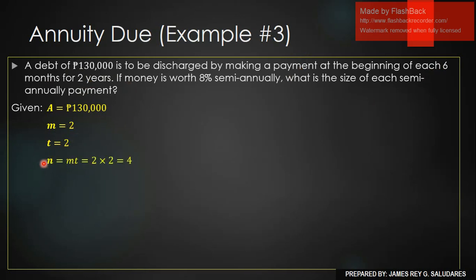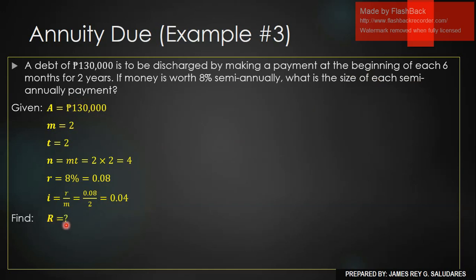For N, that is M times T, so you have 2 times 2, you have 4. Your rate is 8%, so that is 0.08. And your i is r over m, so you have 0.08 divided by 2, so you have 0.04. So the question this time is, what is the size of each semi-annual payment?